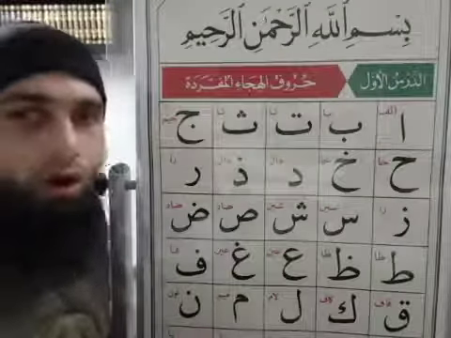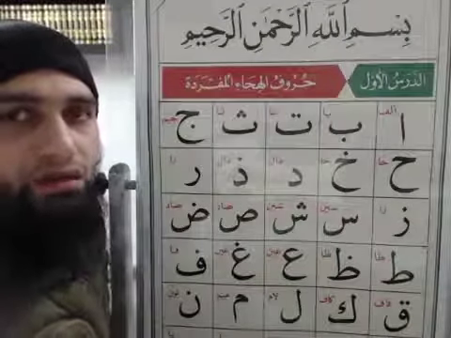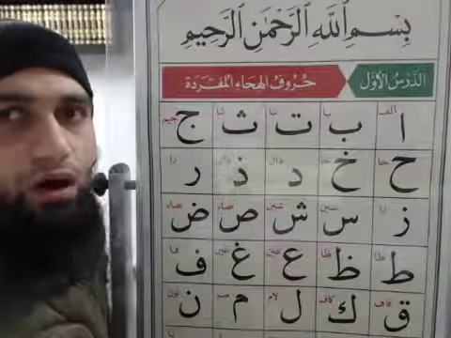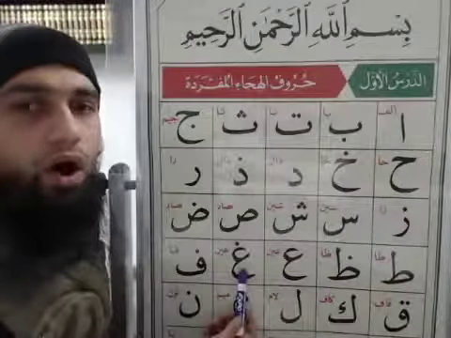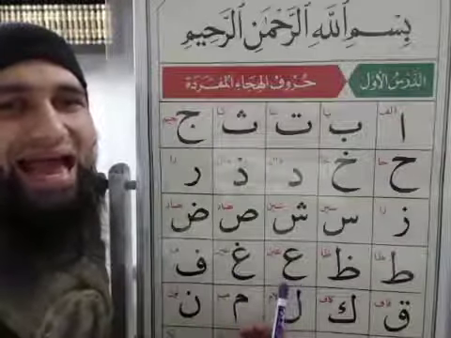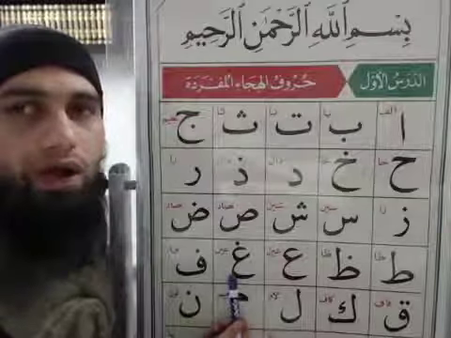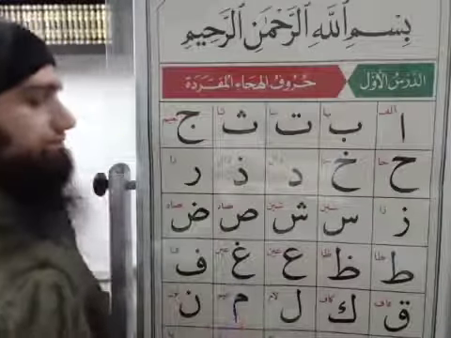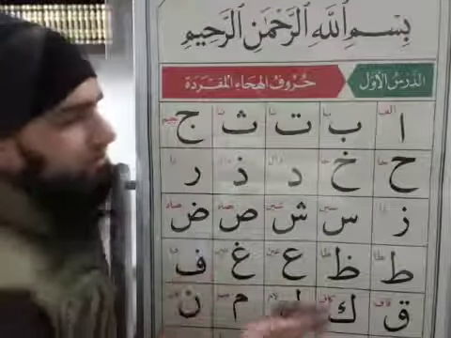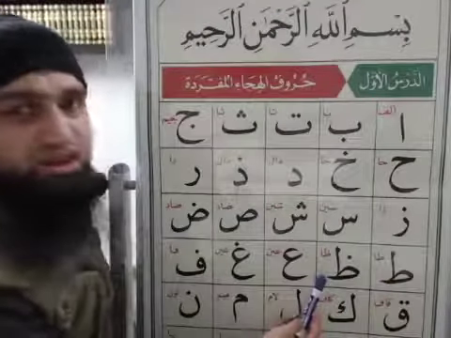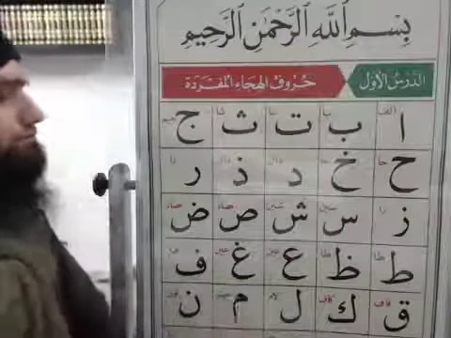Look, ghain, ghain. Ayn is light, and this one is ghain. Sad, Dad, Ta, Dha, Ayn, Ghain.